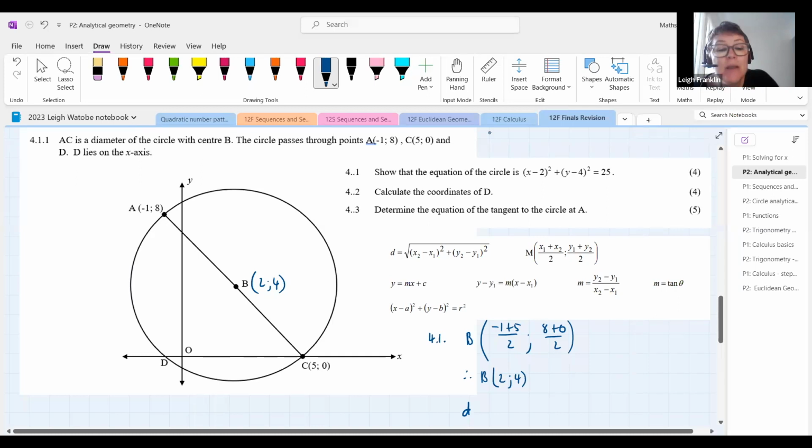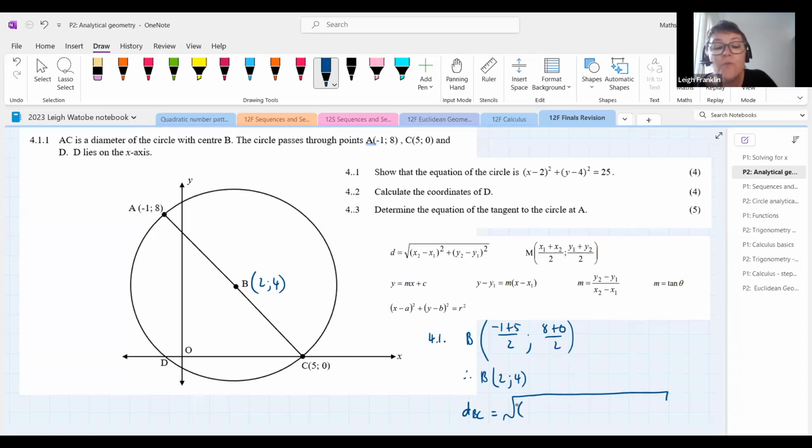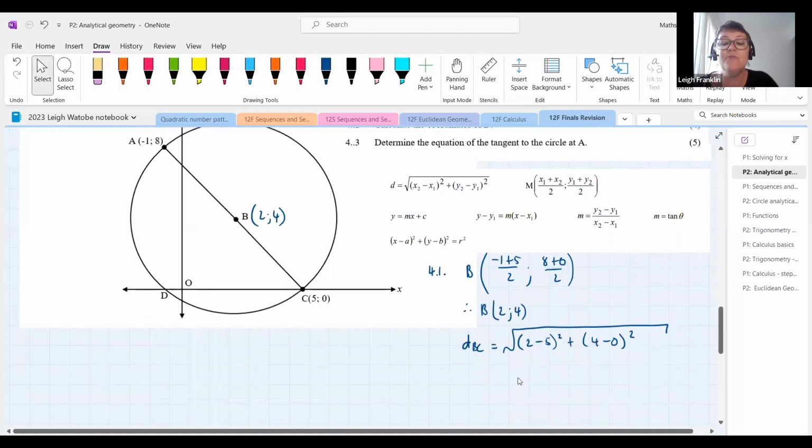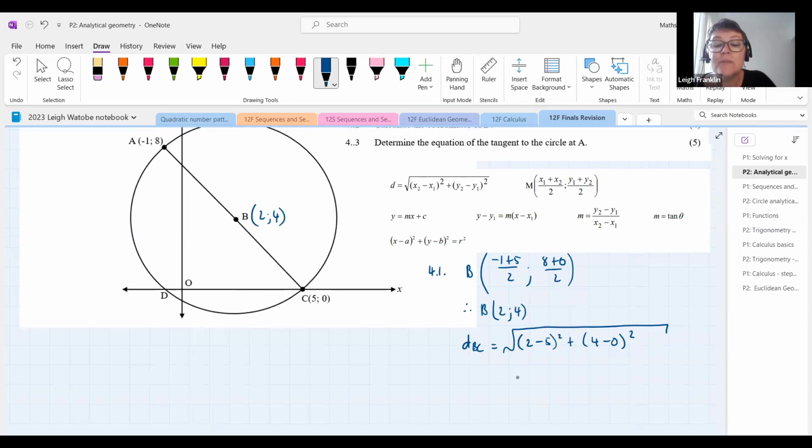So we're going to sub in. Let's use B and C in this case. Again, we're subbing into the distance formula. That would give us 2 minus 5 squared plus 4 minus 0 squared. What are we getting as the distance of BC, or the length of the radius?